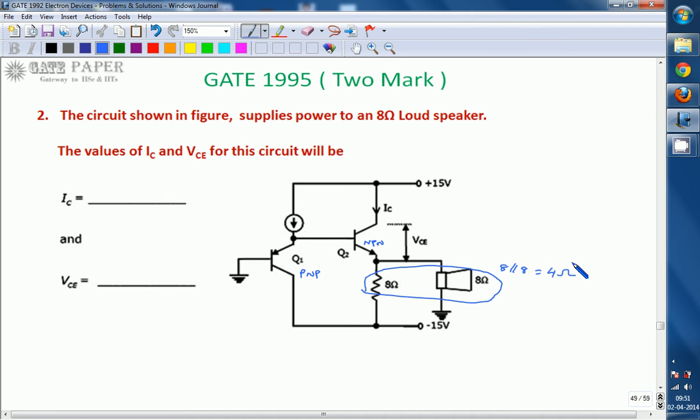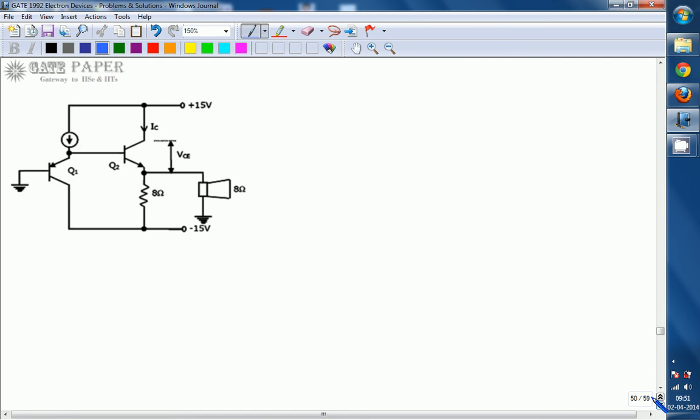So if we assume IC is very large and IB is going to be neglected, the assumption we are taking here is that beta is very large.